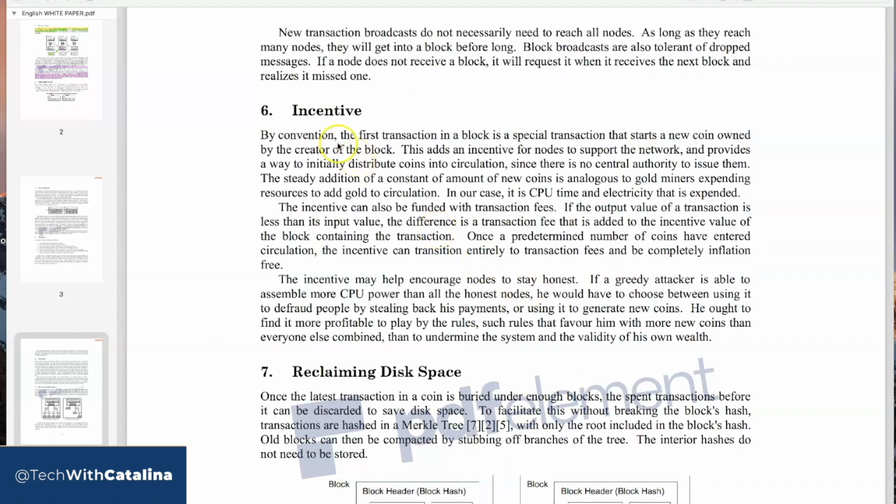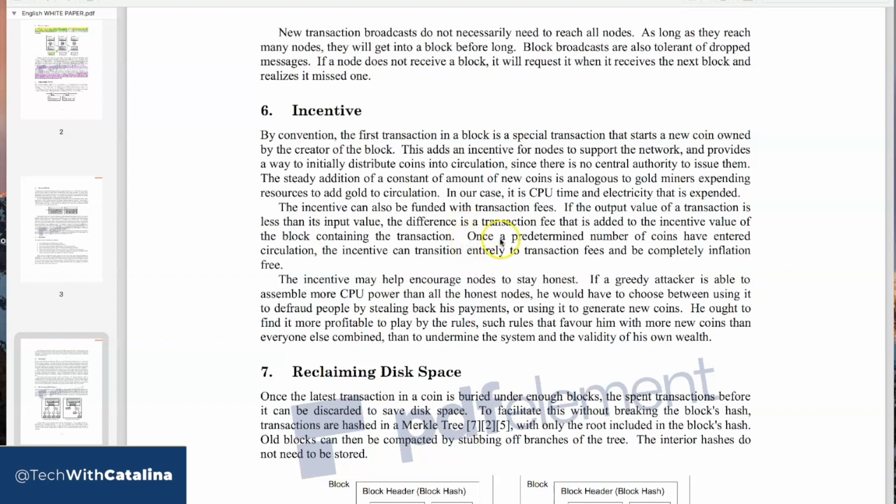The last thing that I want to say about incentives is that Satoshi was a genius. He also is mentioning the limited supply of Bitcoin, which is one of the most important features of Bitcoin. Because we know that fiat money, paper money, can be issued or printed out of nothing. Here we know that we are going to have almost 21 million Bitcoin in circulation, and that's it.